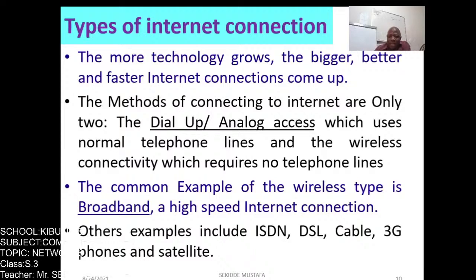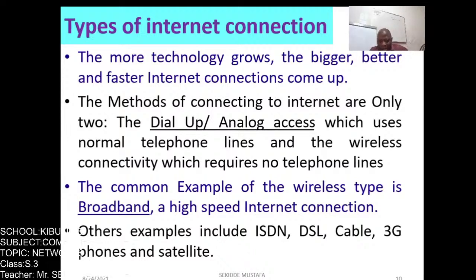Dial-up uses normal telephone lines, or wireless connectivity, which requires no telephone. Then we have others which are using the wireless. The common example of the wireless type is broadband, a high-speed internet connection. We are going to look at this.